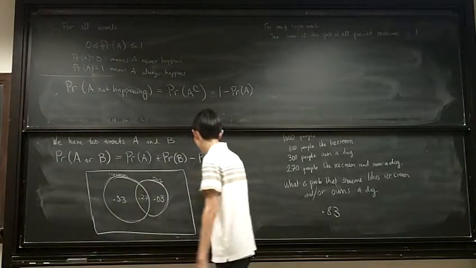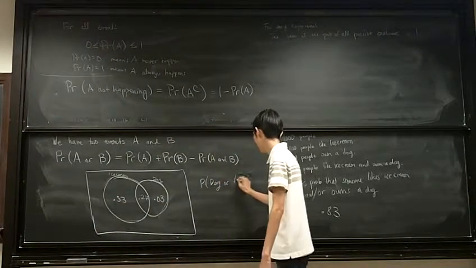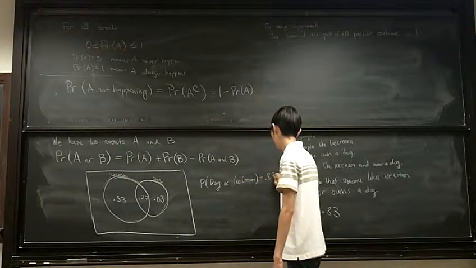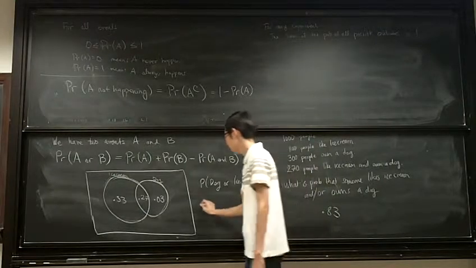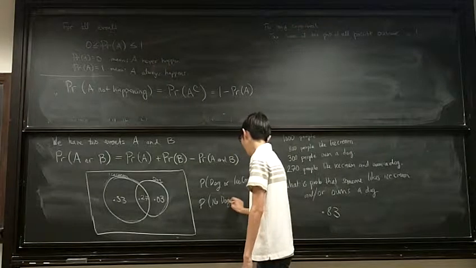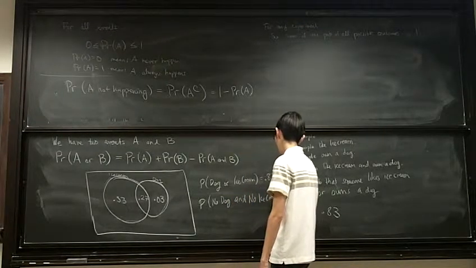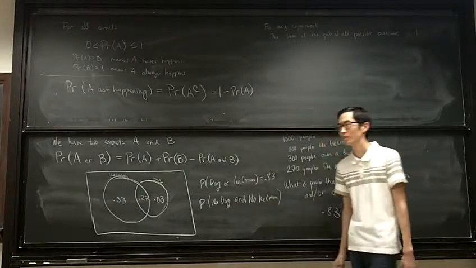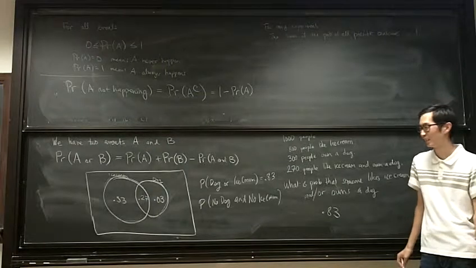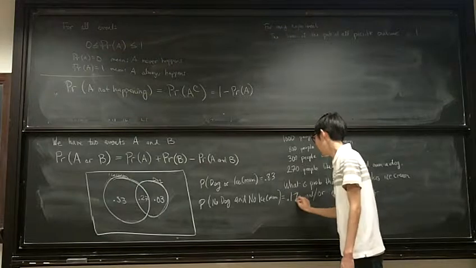So the probability of dog or ice cream is 0.83. Okay. So how many don't like dog? No dog and no ice cream. Boo. 0.17, okay?